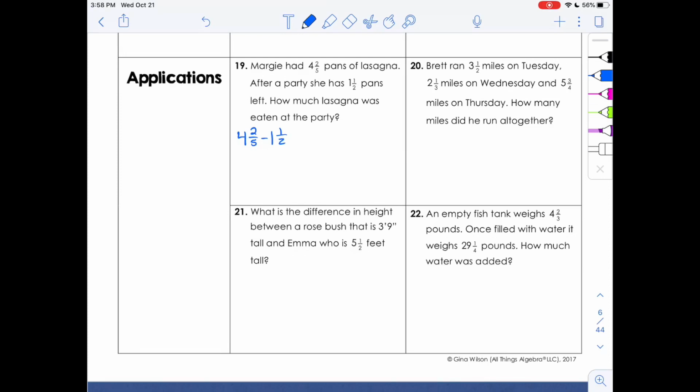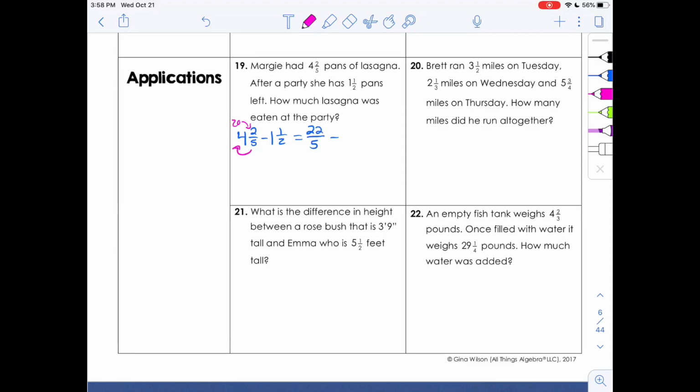Just like we talked about with like bases, these two mixed numbers need to be written as improper fractions before we can subtract them. To change our first mixed number, 4 2/5, to an improper fraction, 5 times 4 is 20. And then 20 plus 2 is 22/5.